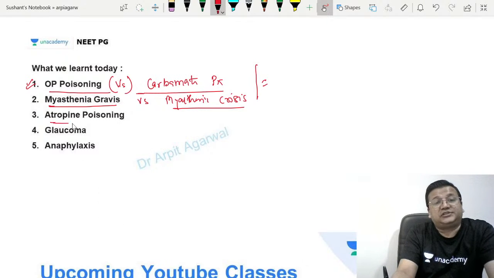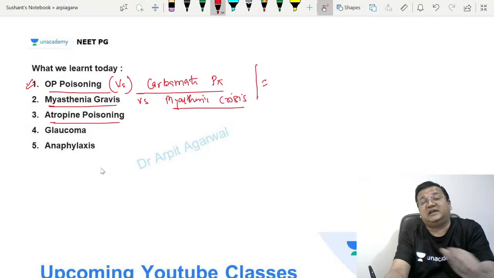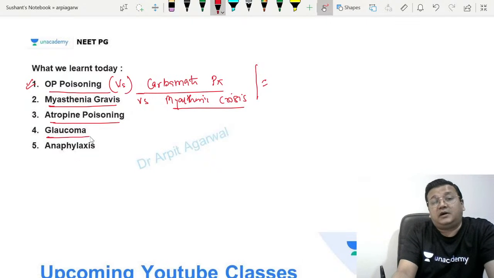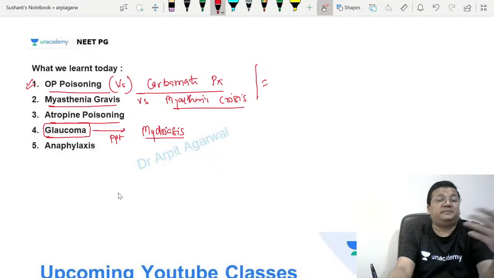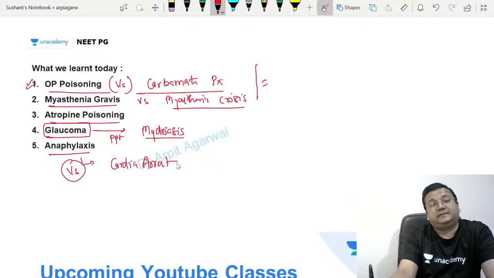Then atropine poisoning, when the pupil is constricted, when the pupil is dilated. Glaucoma, which drugs can precipitate glaucoma? We discussed that glaucoma can be precipitated by any drug causing mydriasis. In anaphylaxis, we tried to understand the difference in treatment between anaphylaxis and cardiac arrest.